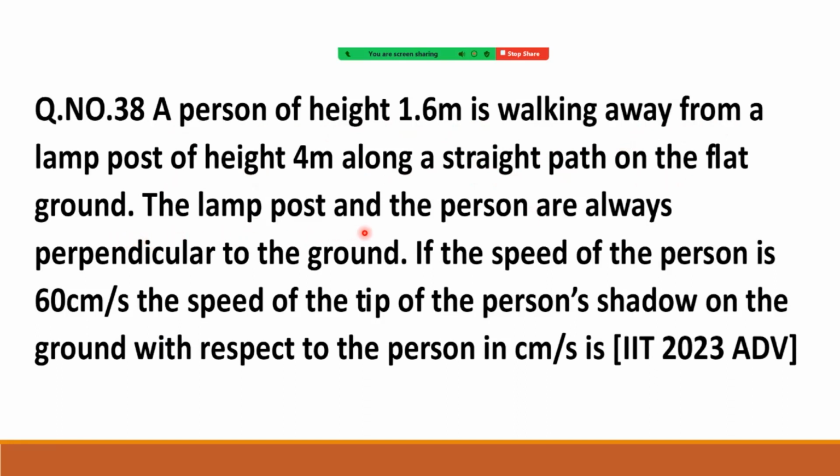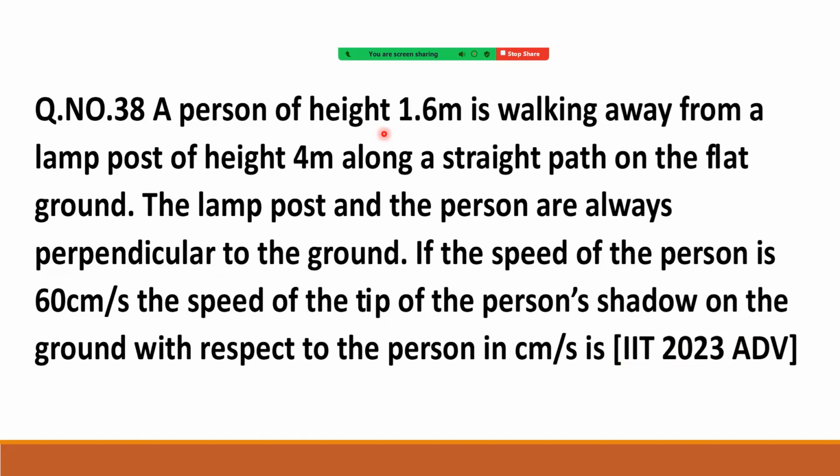The lamp post and the person are always perpendicular to the ground. If the speed of the person is 60 centimeter per second, find the speed of the tip of the person's shadow on the ground with respect to the person. This was asked in JEE Advanced 2023.